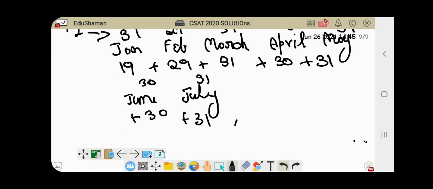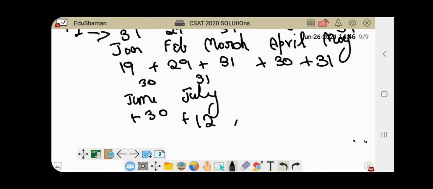So to go from 12th of Jan to July, sorry, this should not be 31. This July part should be only 12 because we are reaching 12th of July. We are not completing the entire month of July. In the months which are intervening, February, March, we complete that entire month to reach July.